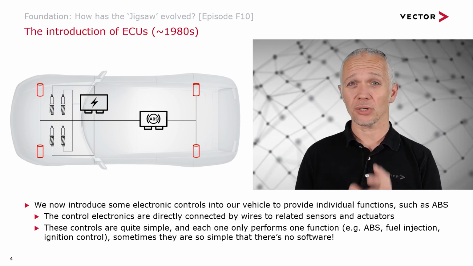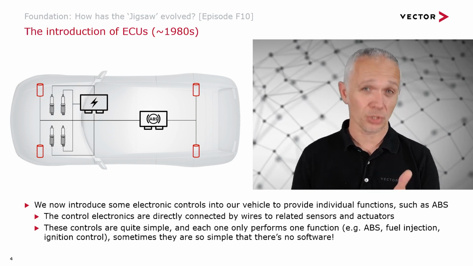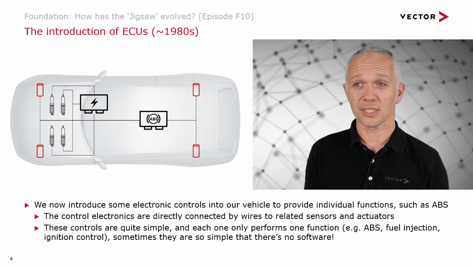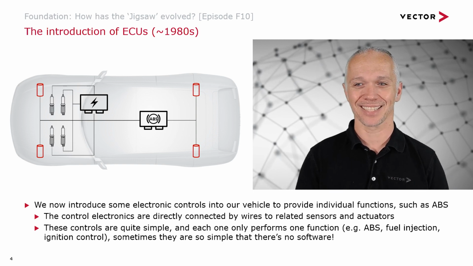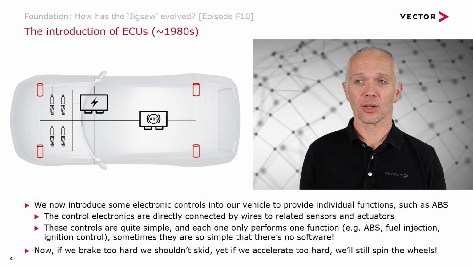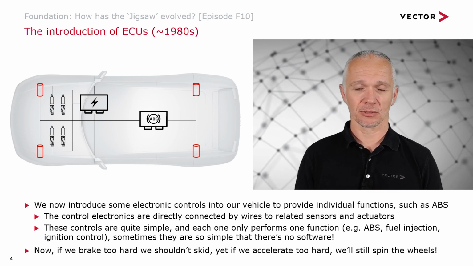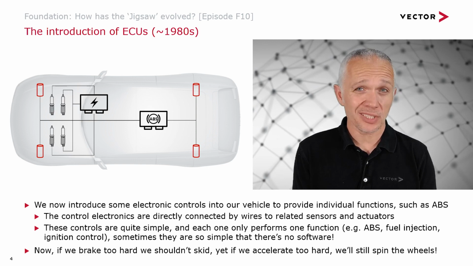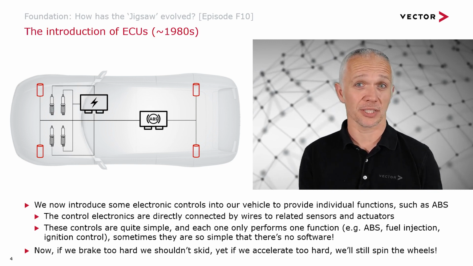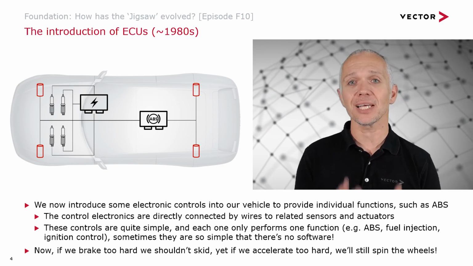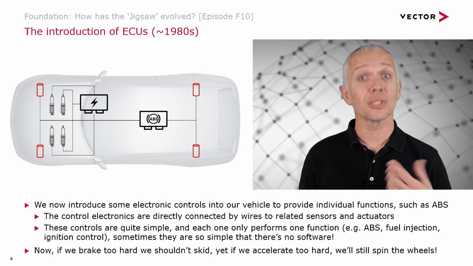Sometimes these controls are so simple that there's no software in them, so we possibly wouldn't even call them an ECU, as I accidentally did just now. So in this vehicle, we've got anti-lock braking functions. So if we brake too hard, we shouldn't skid. So braking too hard actually is kind of a thing of the past. Yet, of course, if we accelerate too hard, we'll still spin the wheels.